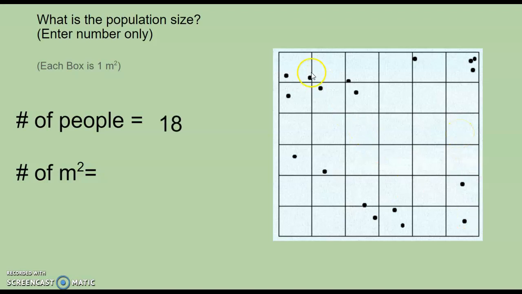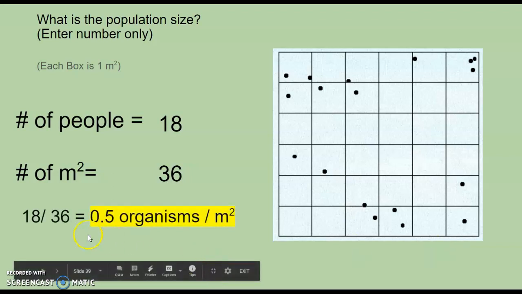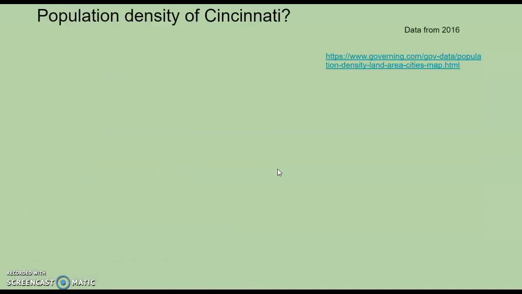If you were to count the number of squares here, how many square meters are in this sample size? I have about 36. So using that simple equation, 18 divided by 36 would give me about 0.5 organisms per square meter. It's essentially saying like per square meter, it averages out to have about half an organism in each square meter. So that's population density.